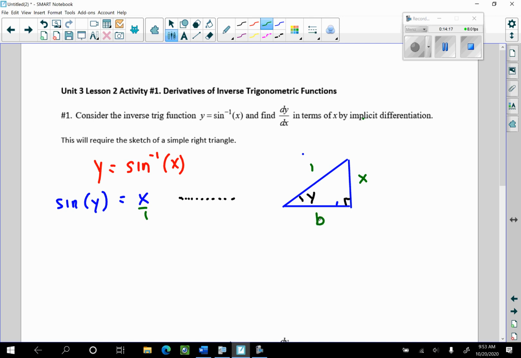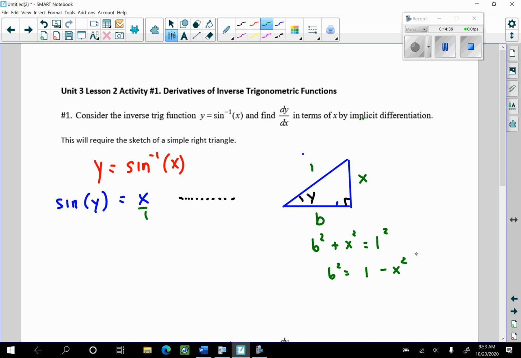And now I know, true or false, b squared plus x squared is equal to 1 squared. And I'm going to solve for b, and b squared is equal to 1 minus x squared.